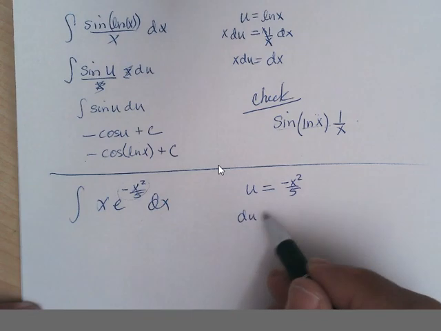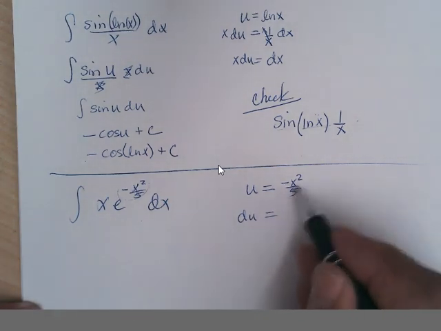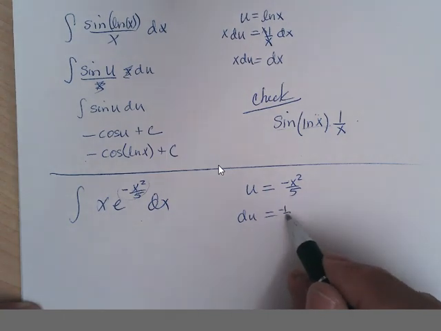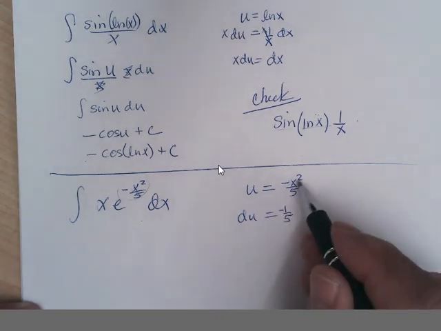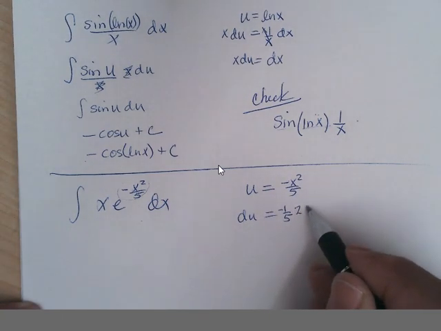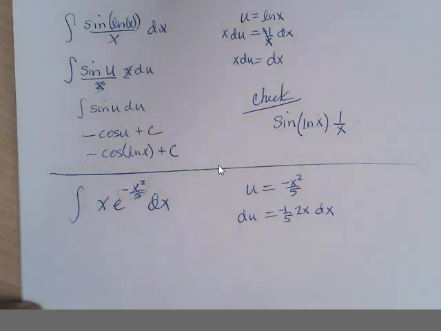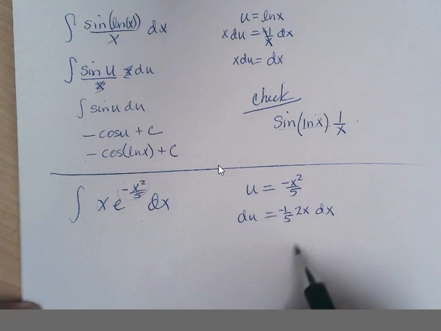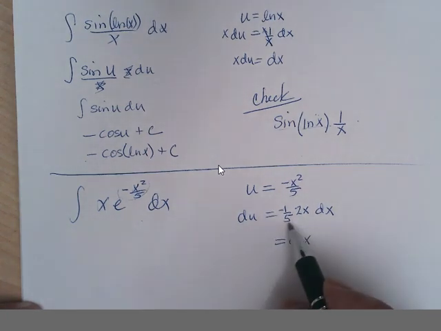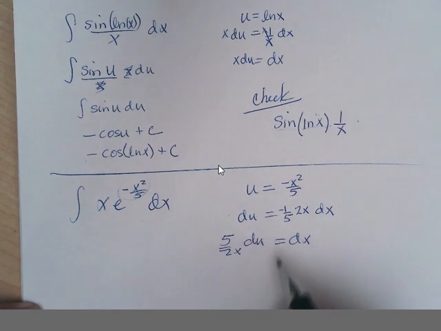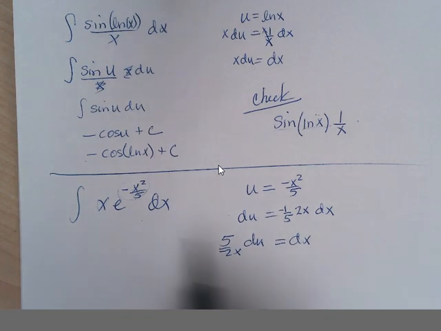So the derivative of u would equal the derivative of this, so that's negative 1/5, hangs out, and the derivative of x squared is 2x dx. So to solve for dx, we multiply by a 5, we divide by negative 2x du, and we make our substitution.